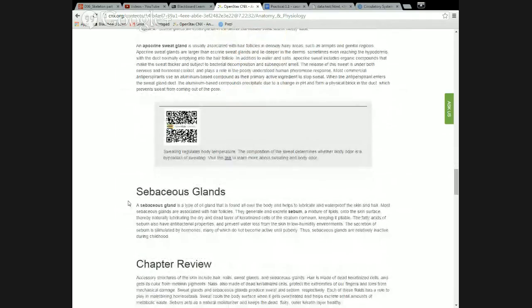And then they talk about sebaceous glands, which are oil glands. Those are not the only glands that are found in the skin. So besides the sudoriferous glands, of which there are two types, there are sebaceous glands, which secrete oil.